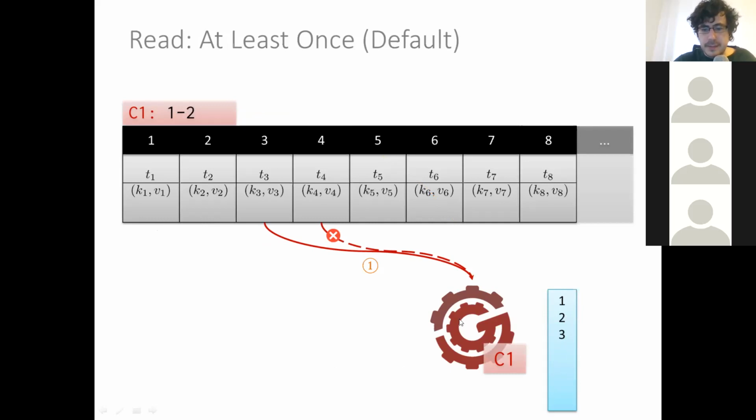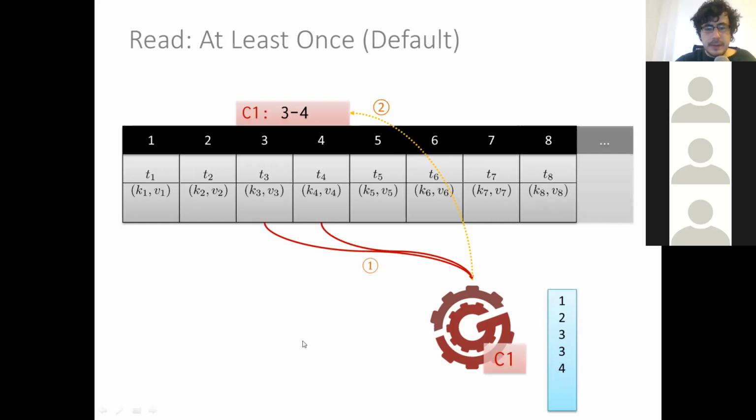What the consumer will do is not send an acknowledgement. Instead, it will request the read again. This time, let's assume that it reads 3 and 4 again. It will acknowledge back to Kafka that it has read 3 and 4, and then the offset will be updated. So if we look at the values that it has read: 1, 2, 3, 3, 4.